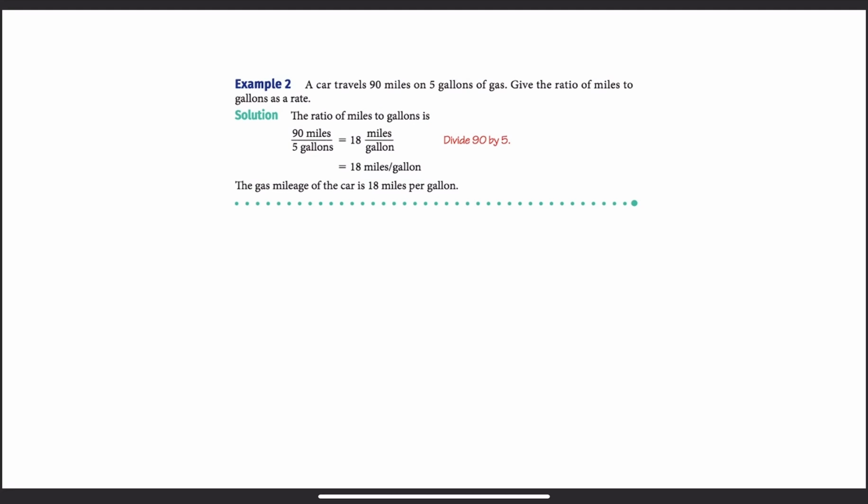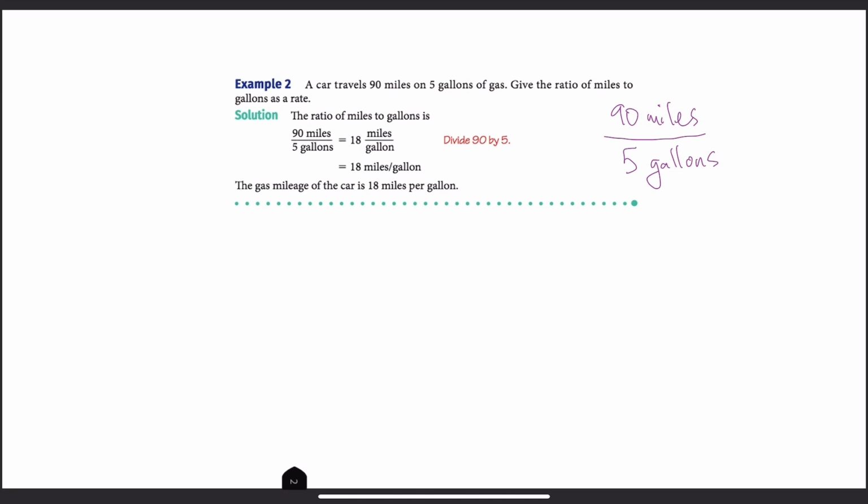So let's have a look here. How many miles can you travel on a certain number of gallons? So let's say you put in 90 miles and 5 gallons. Well, you wouldn't want to go around saying, my gas mileage is 90 miles per 5 gallons. You want to say how much it is per 1 gallon.